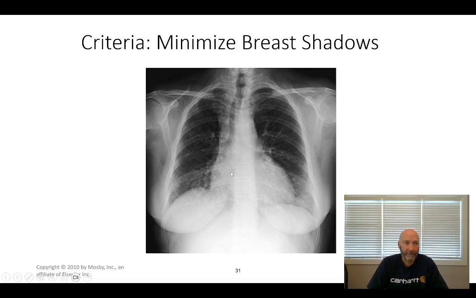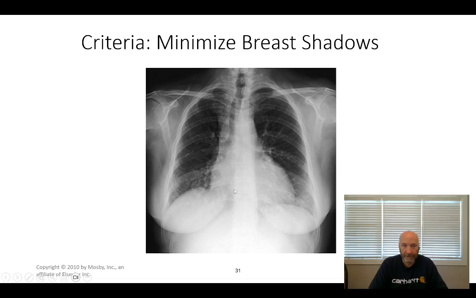Okay, so every textbook that you're going to run into says that if the patient has large pendulous breasts, to ask the patient to move the breasts out of the way for a chest x-ray. I'm not going to advise you to do that in this world where everybody's offended or weirded out by something that might get you a report.